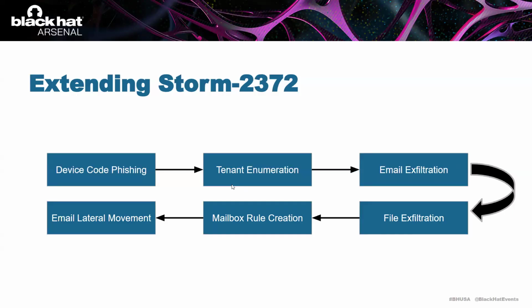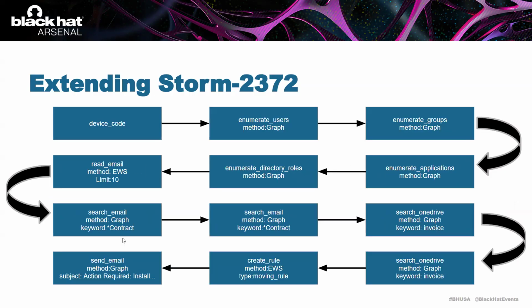Using the Graph API, we can discover users, groups, etc. Then we'll do email exfiltration, and we'll add a new technique, file exfiltration, because with the Graph API, you can also interact with OneDrive. So why not exfiltrate files as well? As a persistence mechanism, we're going to create a mailbox rule on that mailbox, so perhaps the attacker can monitor that mailbox and steal information. Finally, we'll execute the email lateral movement technique by sending malicious emails to users.